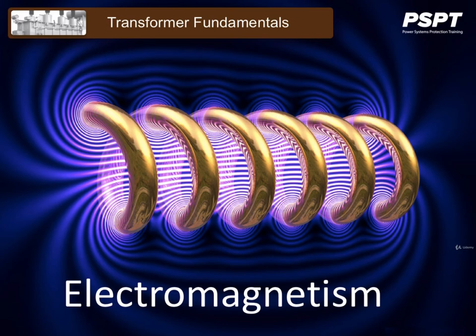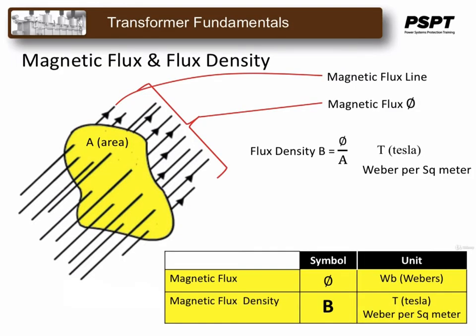As I said, we are going to start off with a quick review of electromagnetism. Included in that review will be reviewing the designation of how we describe various quantities when examining electromagnetism, including magnetic lines of flux and flux density and the various units that are used to describe these magnetic quantities.